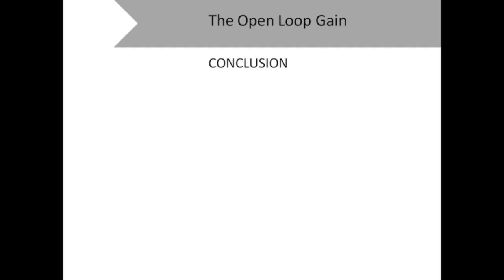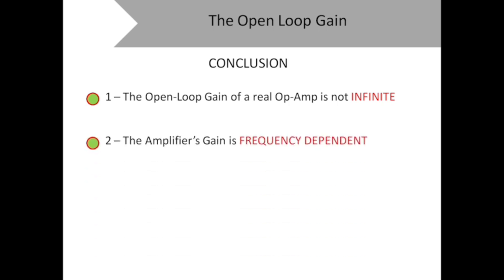To summarize the key points discussed in this lecture, we have: 1. The open loop gain of a real operational amplifier is not infinite, unlike the ideal model. 2. The amplifier's gain is frequency dependent. As frequency increases, the open loop gain decreases following a predictable slope. 3.